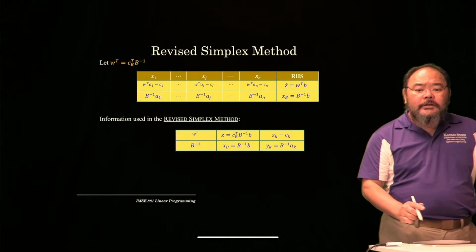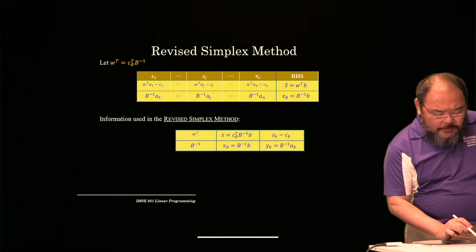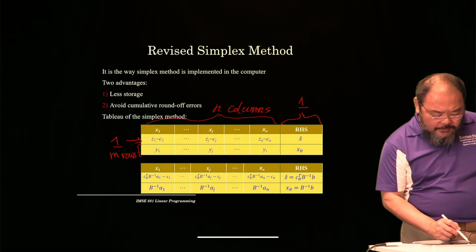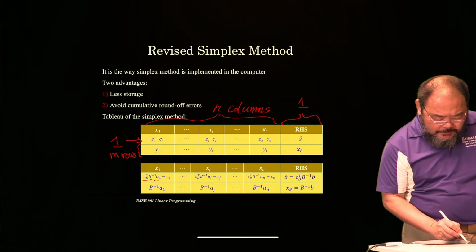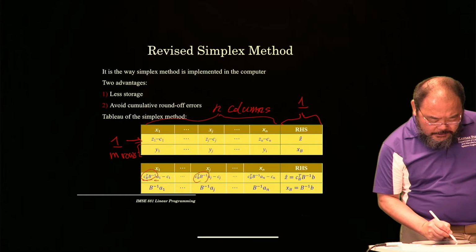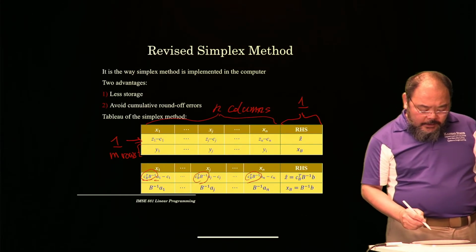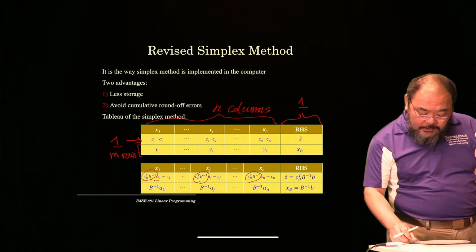Again, we reviewed what the original simplex Tableau is, and remember what we had previously: Zj minus Cj equals CB transpose times B inverse times aj. CB transpose we can pre-calculate since it is the same for each one of the columns.